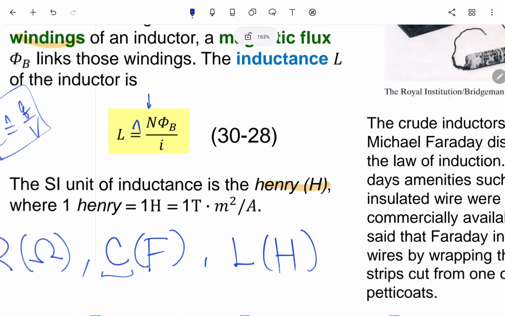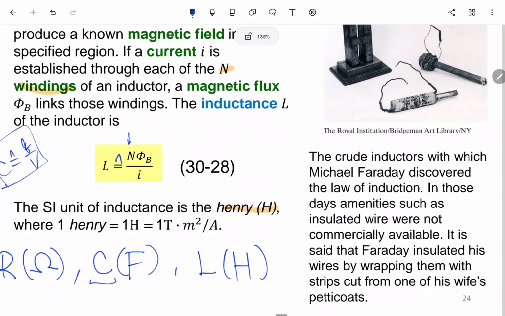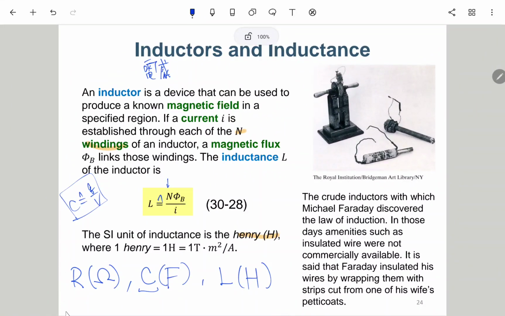Okay, on the bottom right part, this is an interesting story. It says the crude inductor with which Faraday discovered the law of induction. This is the original inductor device he used when he discovered it, now in the Royal Institution museum.